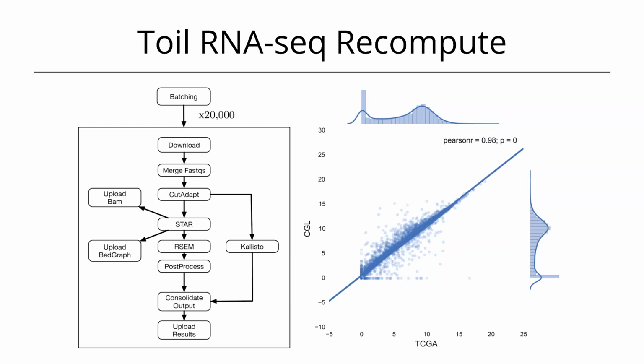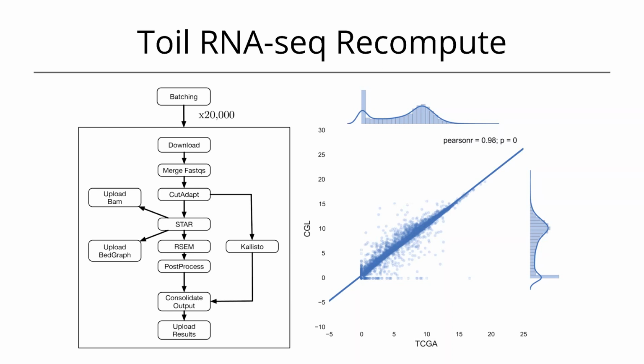In one case, we're doing gene level expression where we do the traditional mapping of the RNA-seq reads, and then expression quantification with RSEM. And then in parallel, we use Kallisto, which is an alternative algorithm that uses colored de Bruijn graphs and doesn't have an alignment step to do transcript level expression. Then there's a consolidation process, and a bunch of outputs are uploaded to various places that you specify.